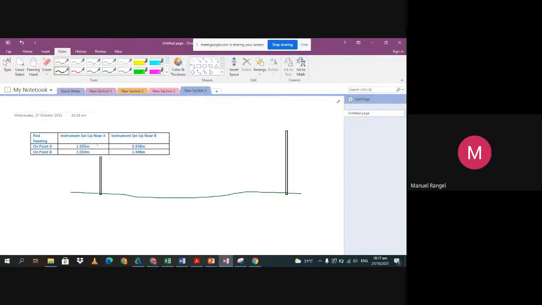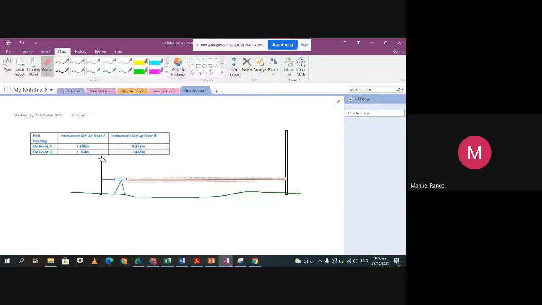Okay, instrument setup near A. So let's say the instrument is here at A. It takes the reading at point A, so that is the red one, 1.505. Then at point B, it should be deeper because of this.